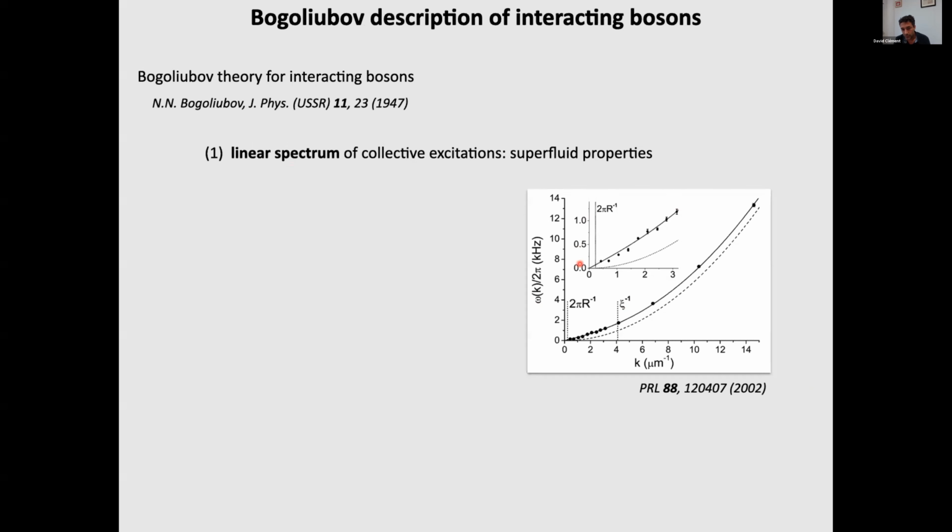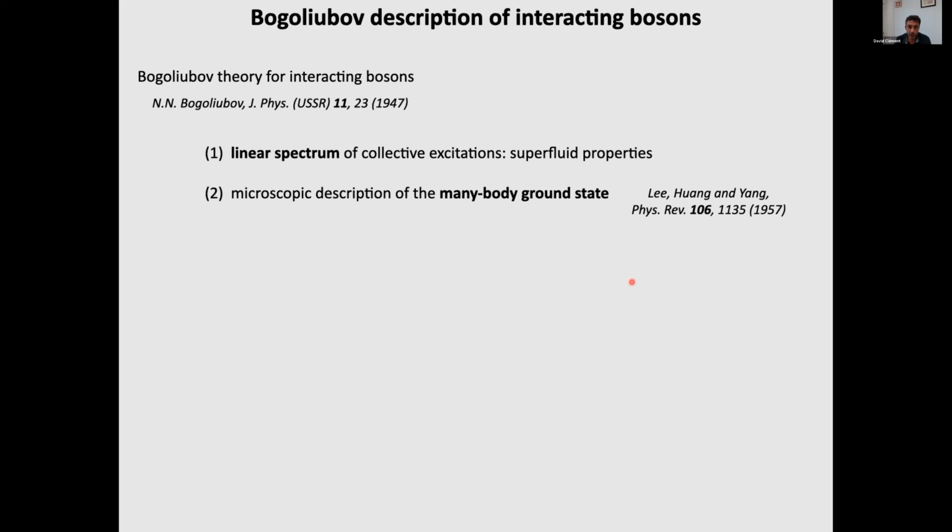And as was probed, for instance, in a cold atom experiment, but in many different types of setups. A second prediction of this theory is a microscopic description of the many-body ground state. In that respect, Bogolyubov's work was expanded by Lee, Huang and Yang about 10 years later.